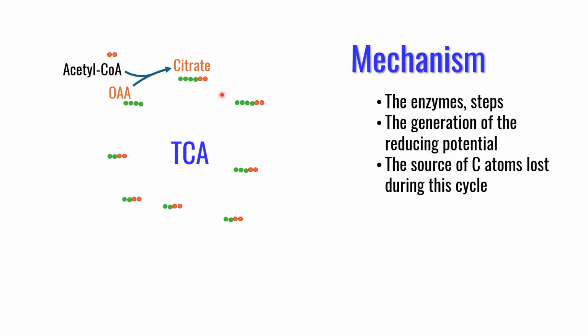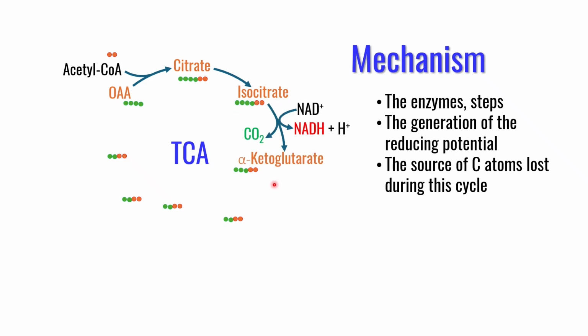Citrate is isomerized to isocitrate by aconitase, which is then converted into alpha-ketoglutarate by the action of isocitrate dehydrogenase. This enzyme performs oxidative decarboxylation, thereby releasing CO2, the source of this carbon being oxaloacetate, and the first NADH molecule is produced in this step.